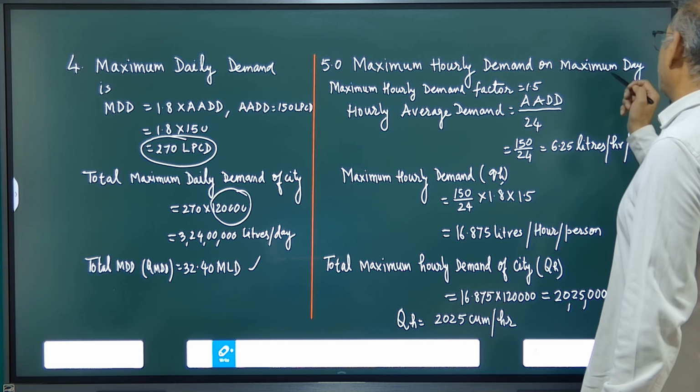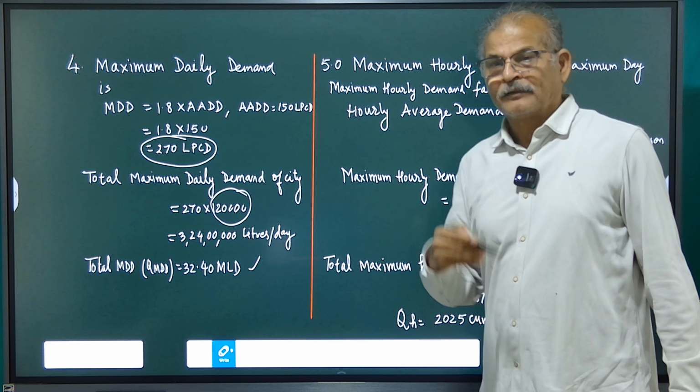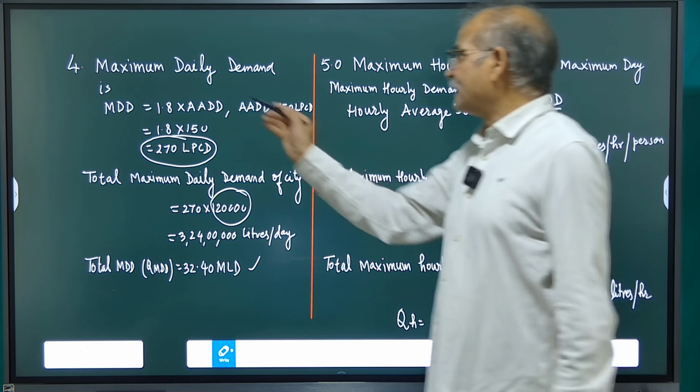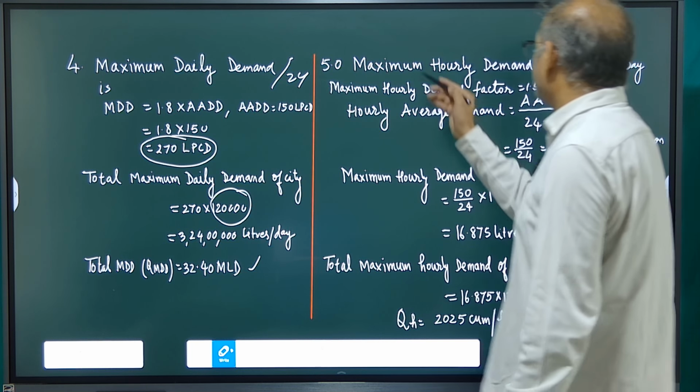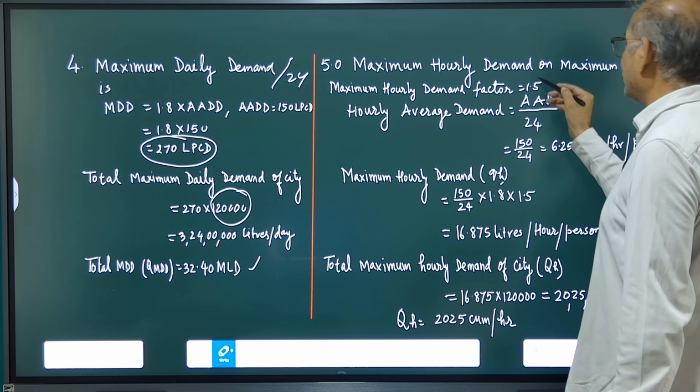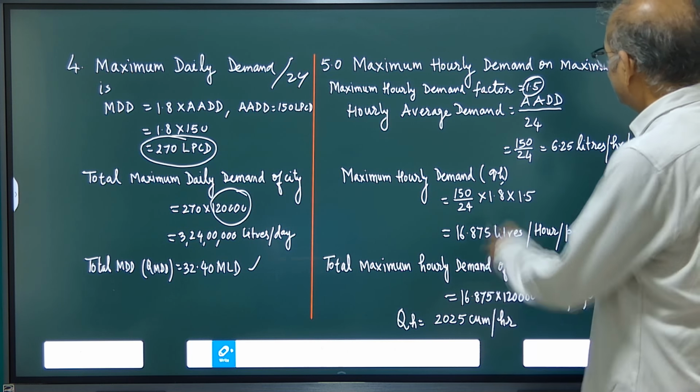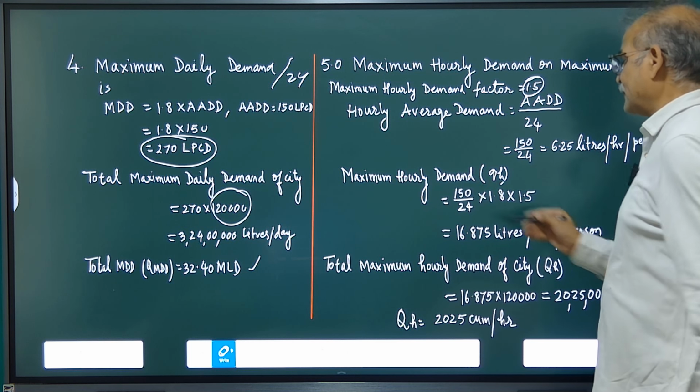Maximum hourly demand on maximum day: since it is hourly, the maximum daily demand has to be divided by 24, and then maximum hourly demand factor is 1.5. We multiply by 1.5, we get the maximum hourly demand.